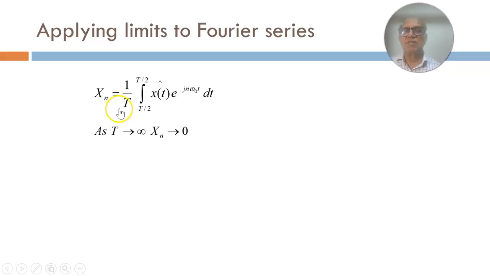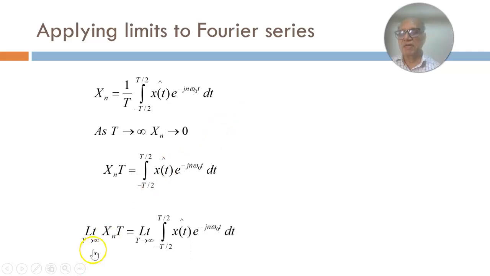So in order to resolve this difficulty, we multiply both sides of this equation by the time period. In that case, we get Xn multiplied by T equal to this part of the right hand side, which is written here. And now we can apply the limits for T approaching infinity. So limit T approaching infinity, Xn multiplied by T is limit T approaching infinity and this entire right hand side.